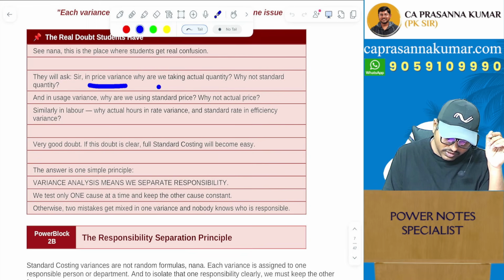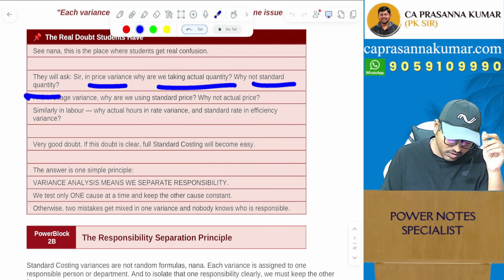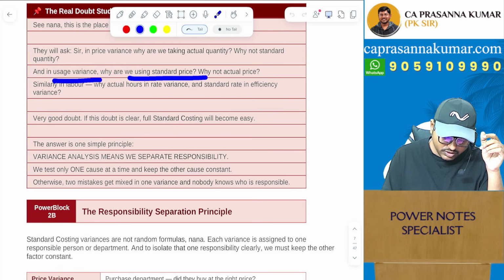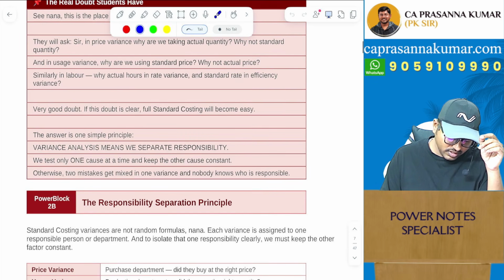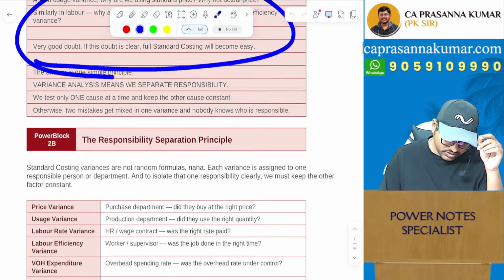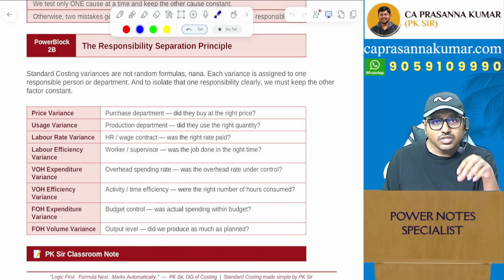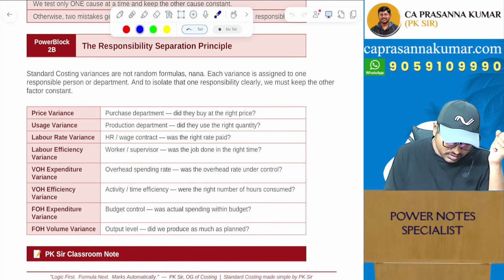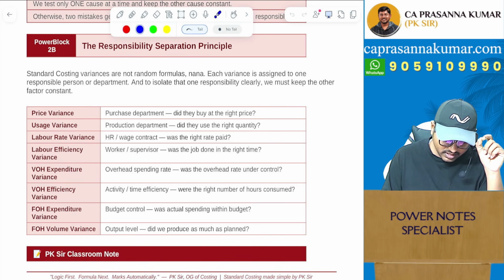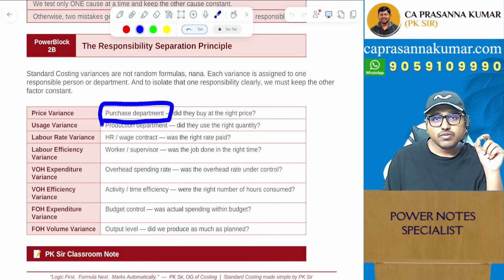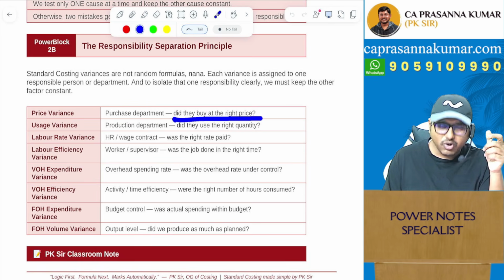In price variance, why are we talking about actual quantity, why not standard quantity? And in usage variance, why are we using standard price, why not actual price? So all these doubts, as you can see, for everything I gave you the logic. These are all the logics on how the formulas have been created, the responsibility separation principle. For example, price variance means ultimately the responsibility is on the shoulders of the purchase department, whether they bought at the right price or not.